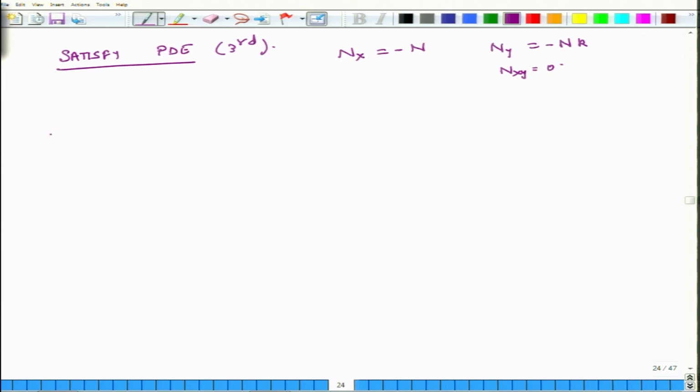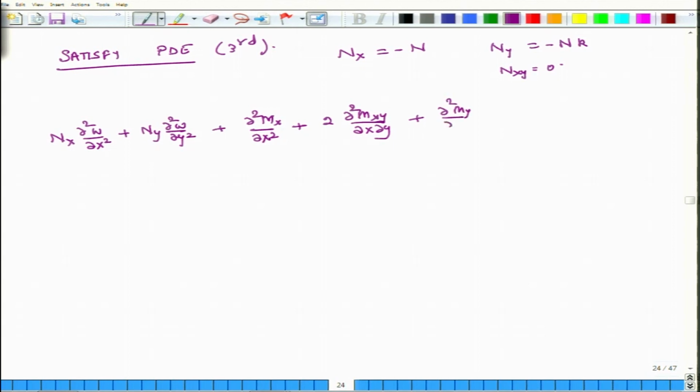So, our overall differential equation is Nx del 2 w over del x square plus Ny del 2 w over del y square plus del 2 Mx over del x square plus 2 del 2 Mxy over del x del y plus del 2 My over del y square is equal to 0.